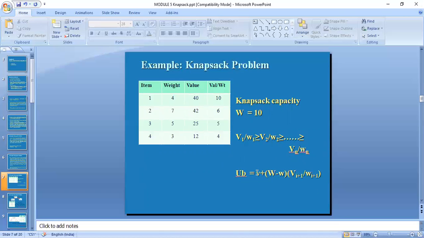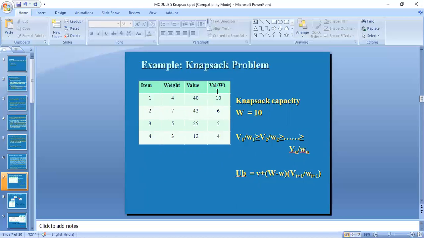We need to find the value plus the remaining capacity, that is the maximum capacity minus the current items' weight, so the remaining capacity multiplied by the ratio of the next item.